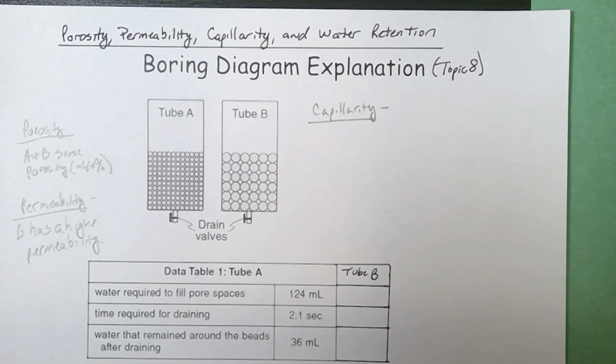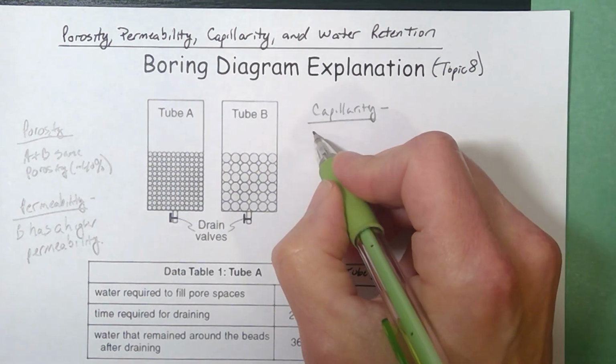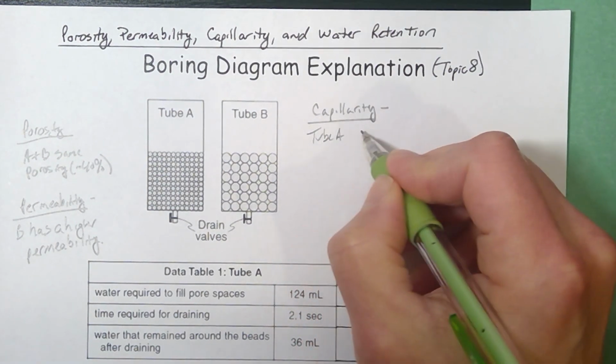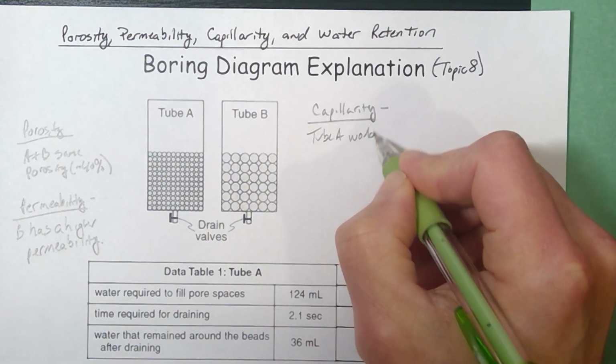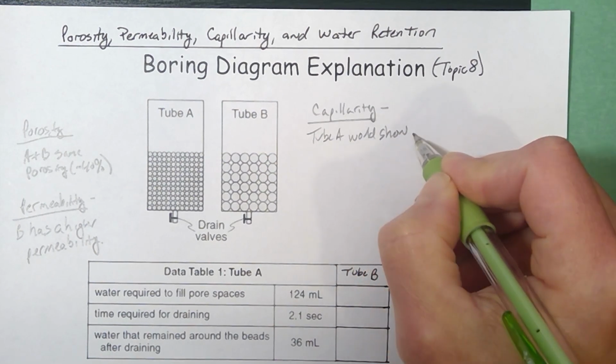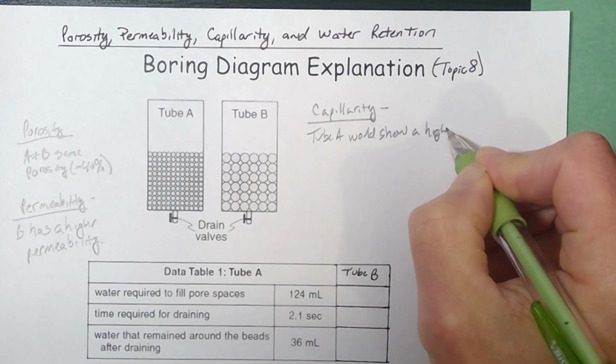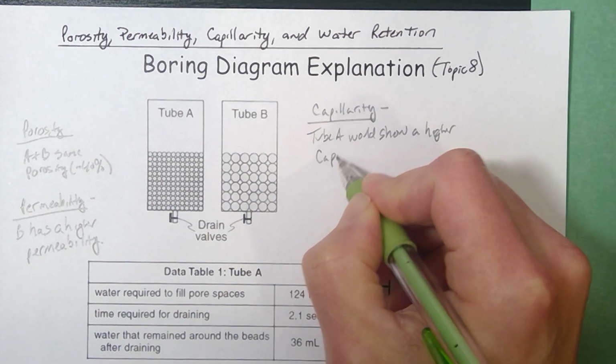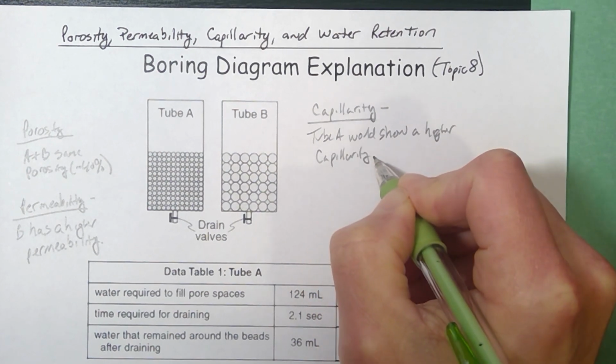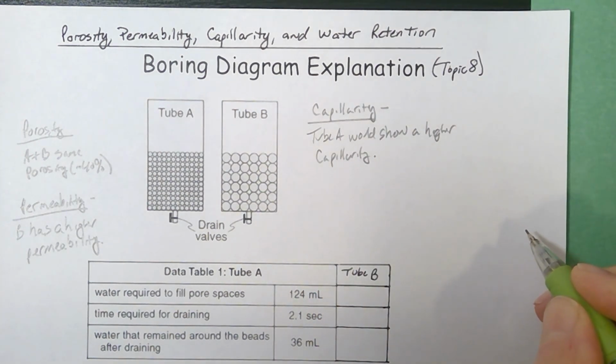In general, smaller particles have a much higher capillarity. So for this one, when you look at this, tube A would show a higher capillarity. That means the water would be drawn upwards a higher amount.